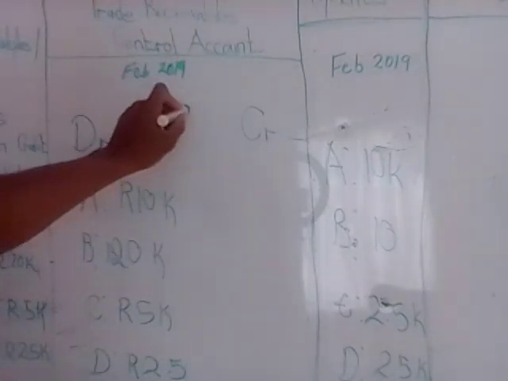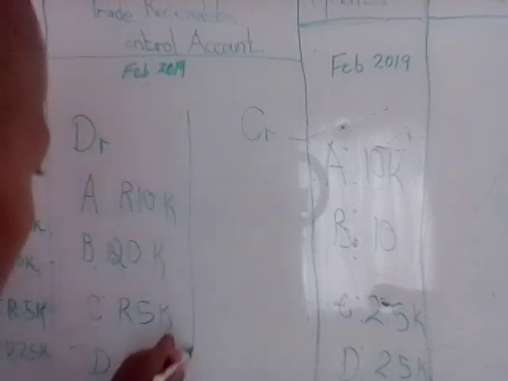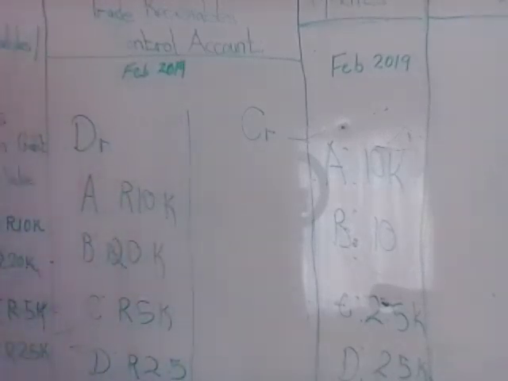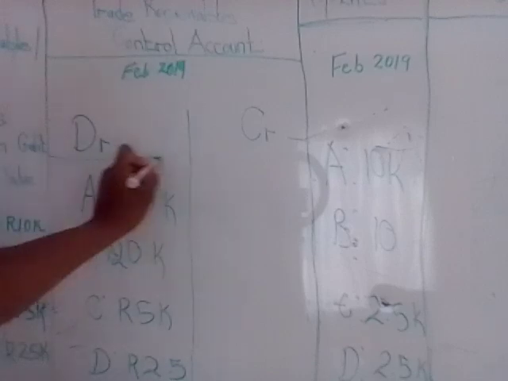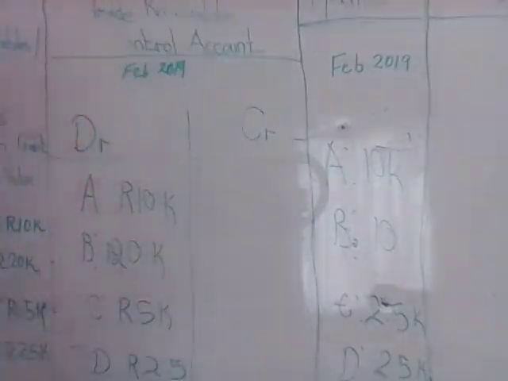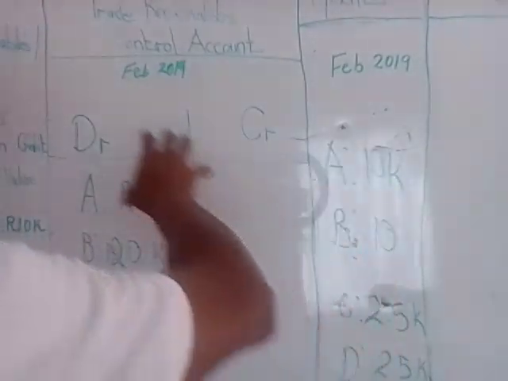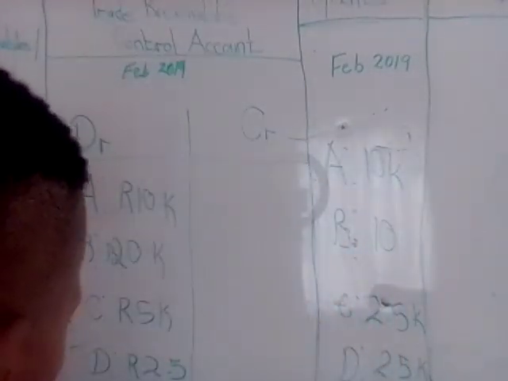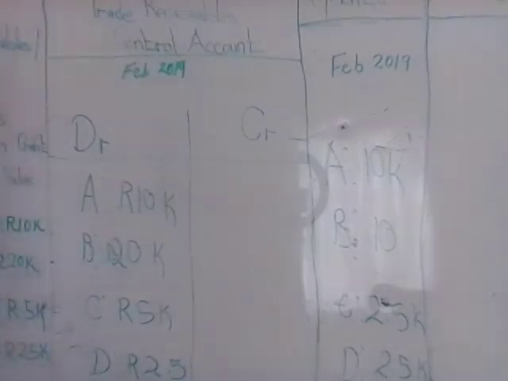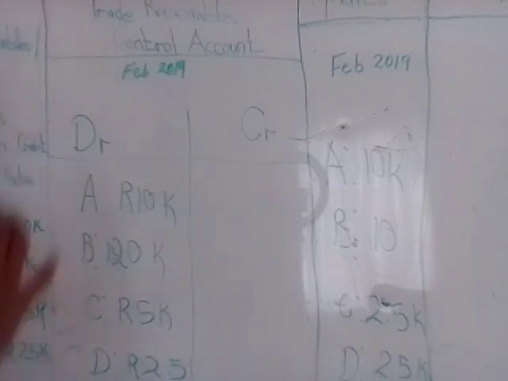I'll differentiate this by drawing a line straight through. So payments would bring down the balance. Maybe let's just totalize the section to know how much in aggregate these customers owed us at that February reporting period.